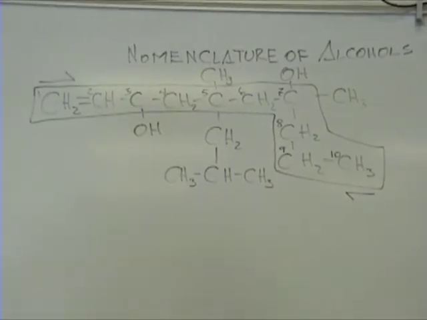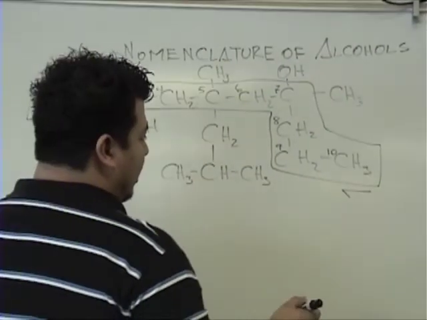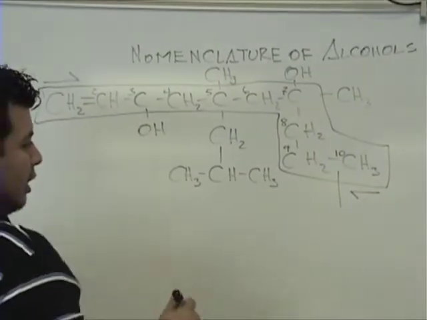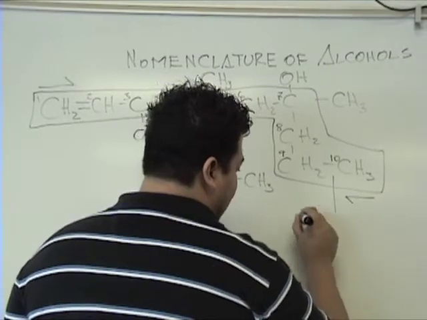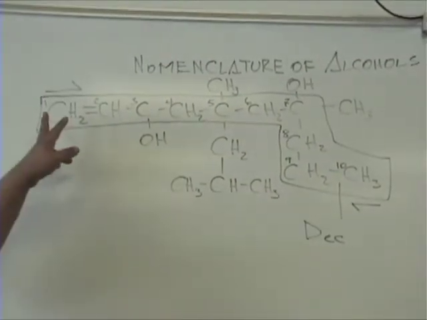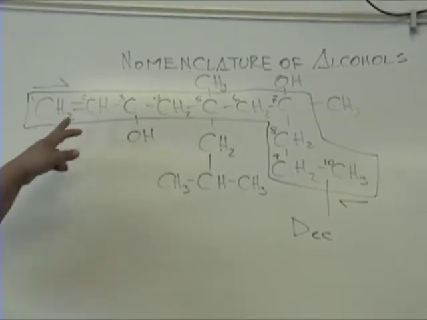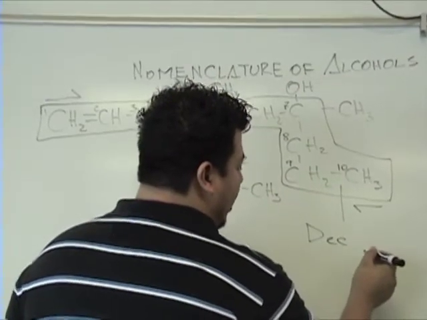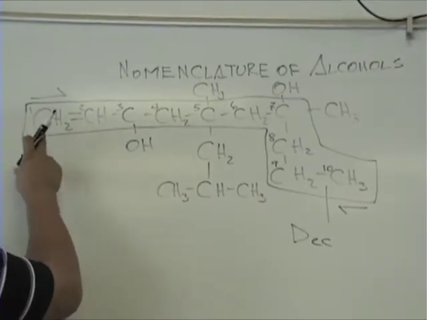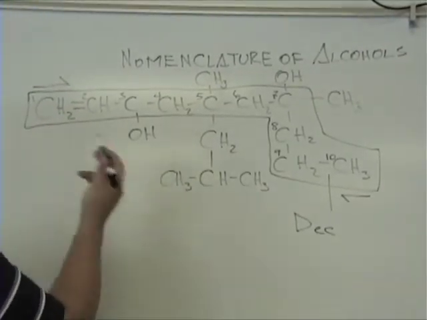So we're going to give the parent chain a name. We are going to say it has 10, so that's dec. And then we say in carbon 1, between carbon 1 and 2, it has a double bond. So we are going to name only the first carbon, which is 1.